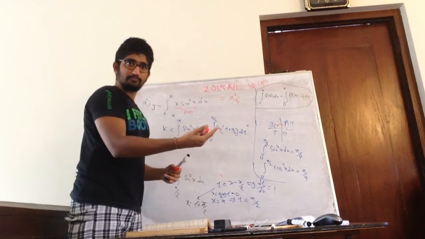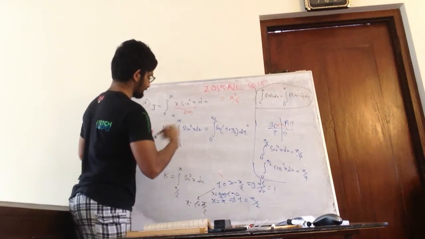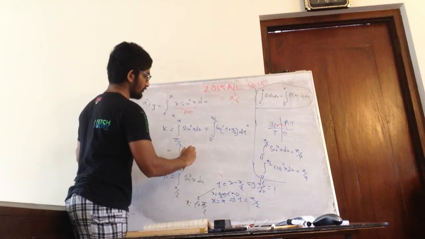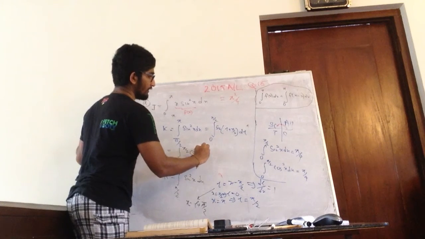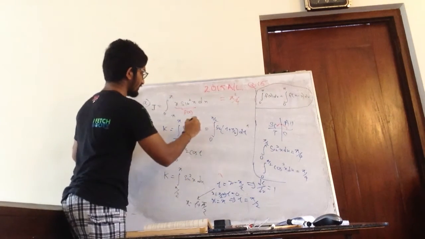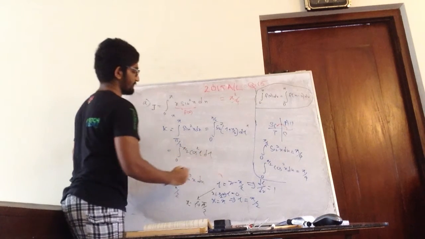So you will get the integral from 0 to 5 over 2 of cos squared L dL.